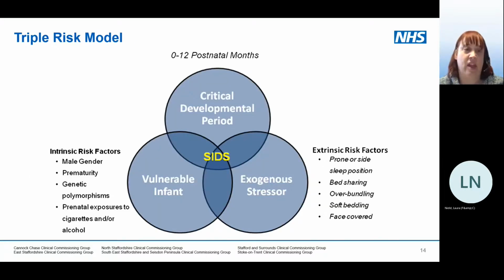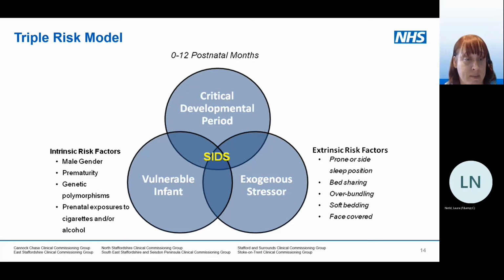So this is the triple risk model. You can see there that you've got 3 areas. You've got the critical development period, that's the baby's age, 0 to 12 months old postnatally, so from birth to 1 year old. You've got the intrinsic risk factors that make that baby more vulnerable.